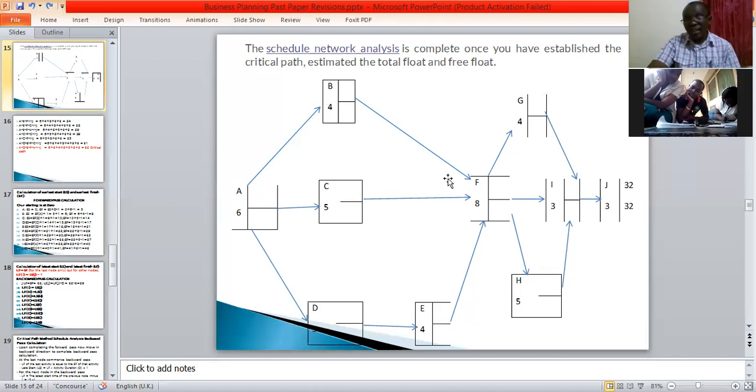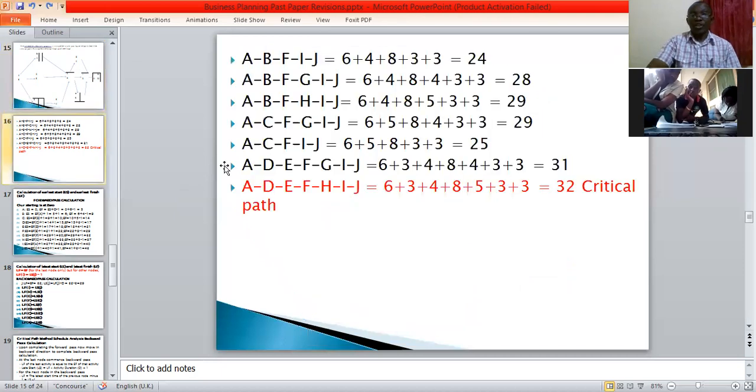Then from there to here, how many until you reach J? These are the routes and the duration. A to B, B to F, F to I to J. You are spending these months. So at the end of it all, if you use this route, you need 24 months.